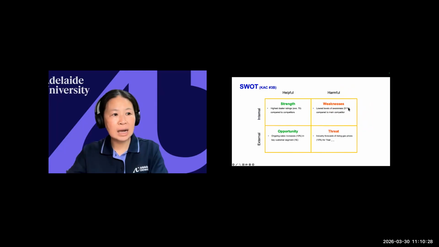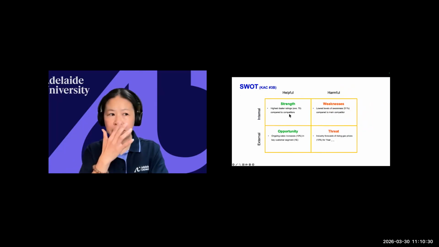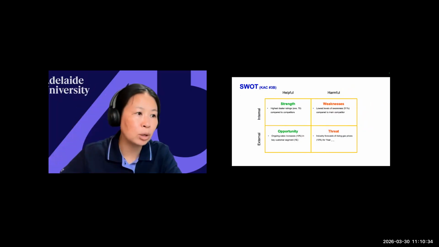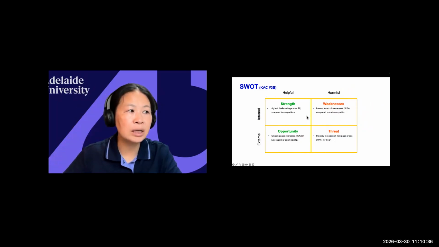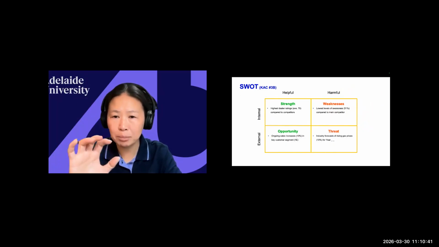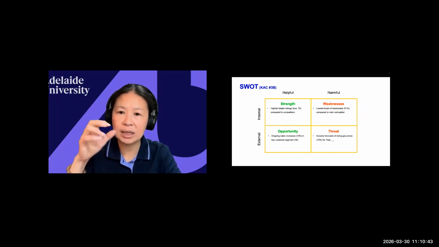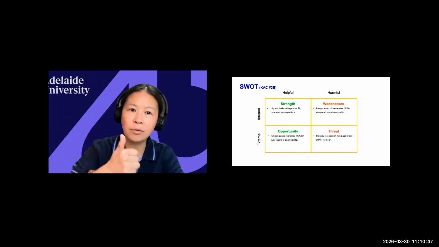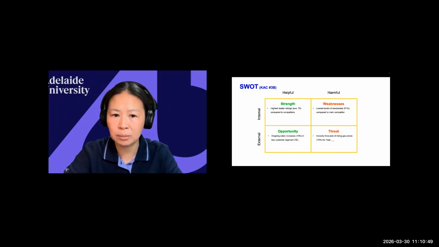So here is an example of how we've been able to bullet point from this, just one bullet point each. So within a SWOT analysis, you might have 3 to 5 bullet points as a summary of the key things that you've identified from your situation analysis that are helpful or harmful to your product contribution margin.